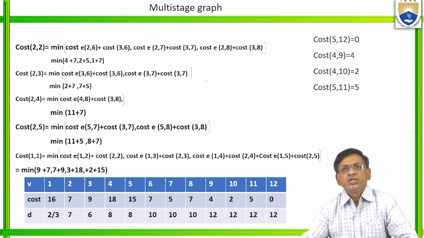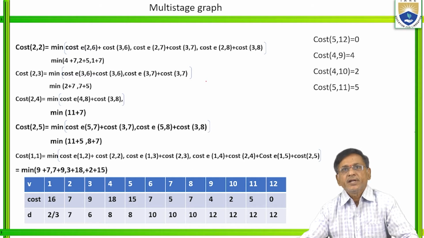The first one is 2 plus 7, where 2 is the cost of the edge from 3 to 6 and the cost of vertex 6 is 7. The next one is the cost of edge 3 to 7, which is 7, plus the cost of vertex 7, which is 5. So 2 plus 7 is 9, and 7 plus 5 is 12.